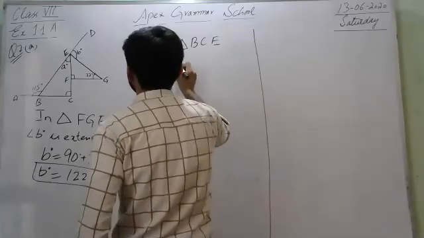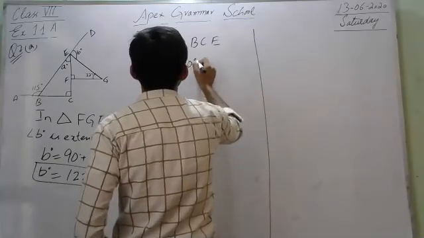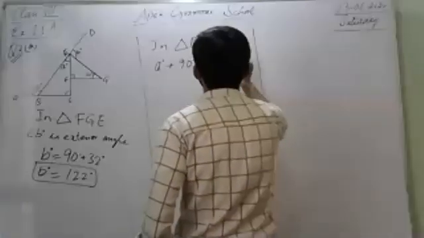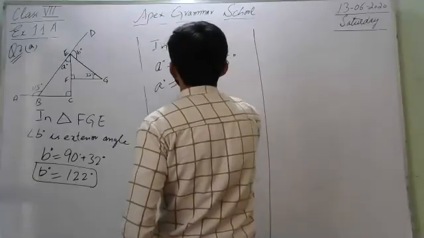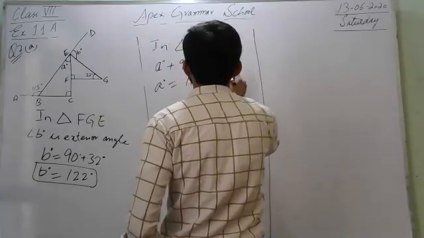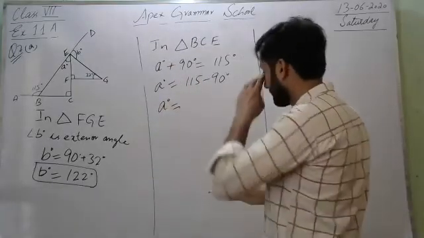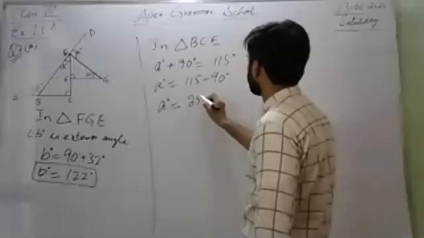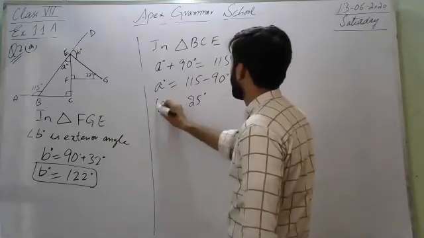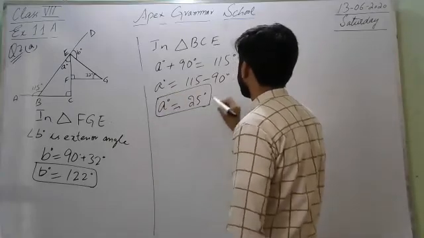A degree plus 90 degree equals 115 degree. 115 minus 90 degree. A equals 25 degree.